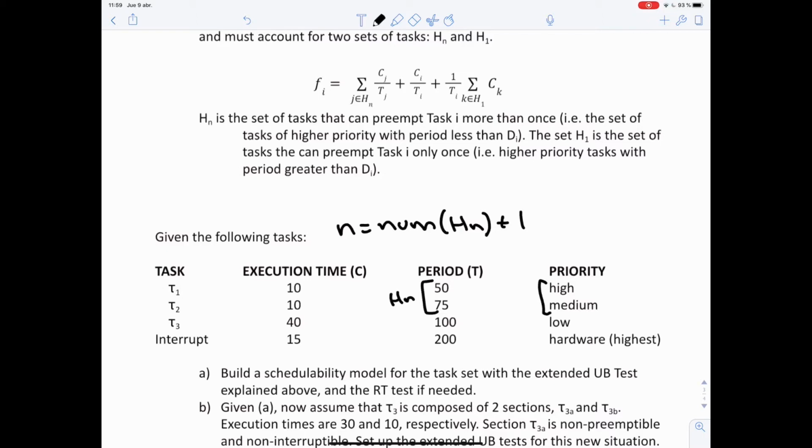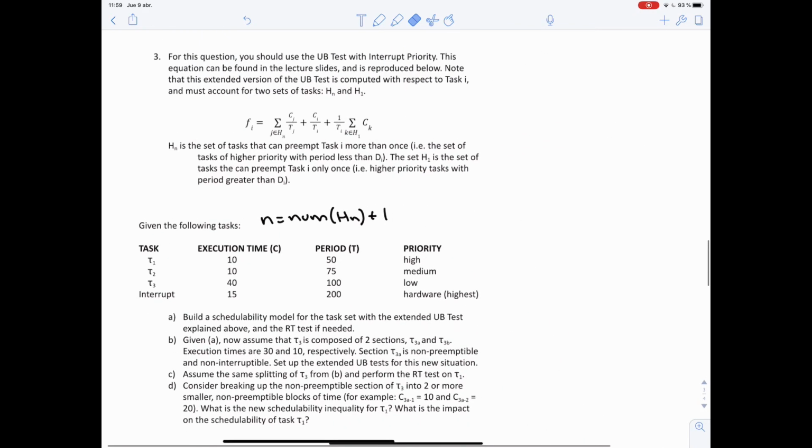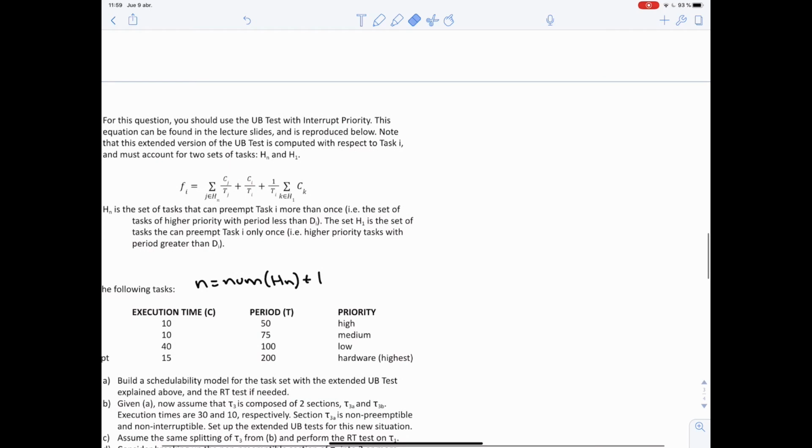High and medium are higher than low. And the one that would be in H1 would be the interrupt, because it has a higher period and a higher priority. So we will start with calculating these for task 1.